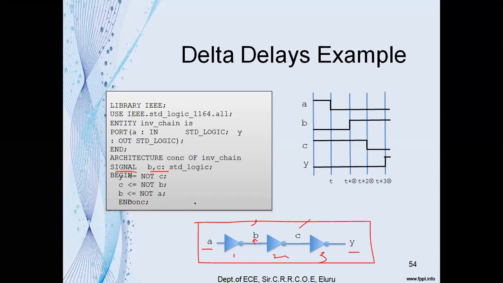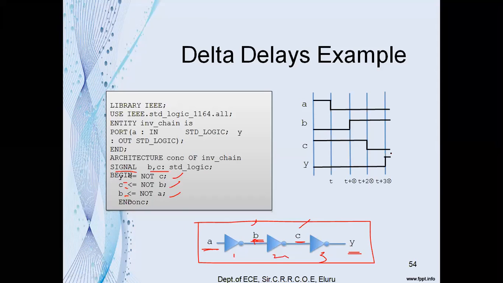Now see how the code is written here. Y is not of C, C is not of B, B is not of A.